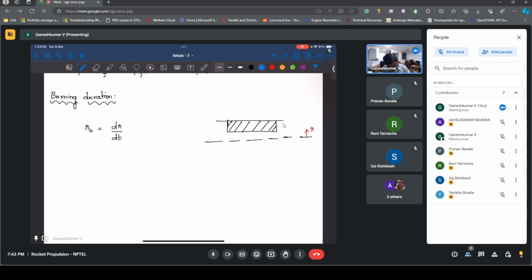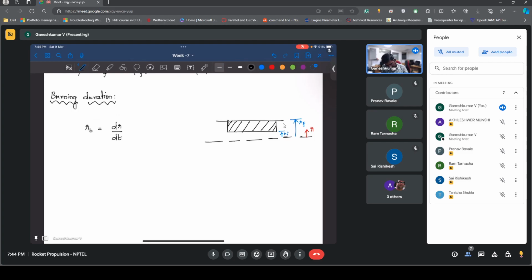Let's say this is the burning surface, then this is your Ri and this is Rf. Since the pressure and radius are going to be regressing at different rates, you need to integrate, including all these effects together. So that is what we are going to do here.